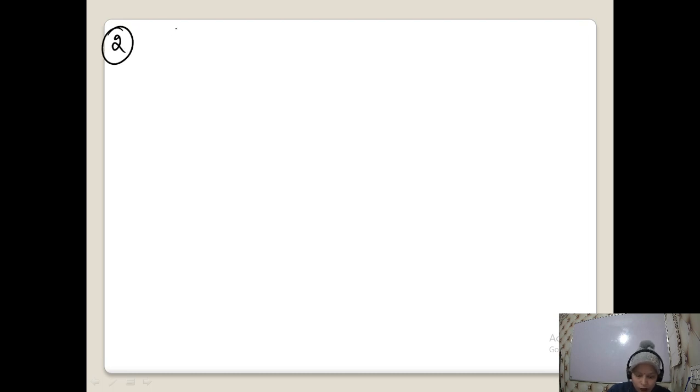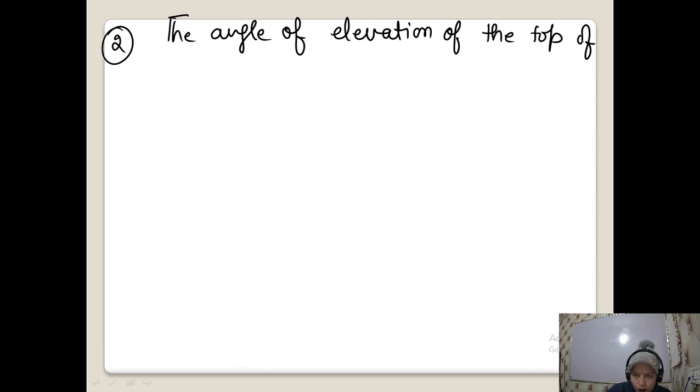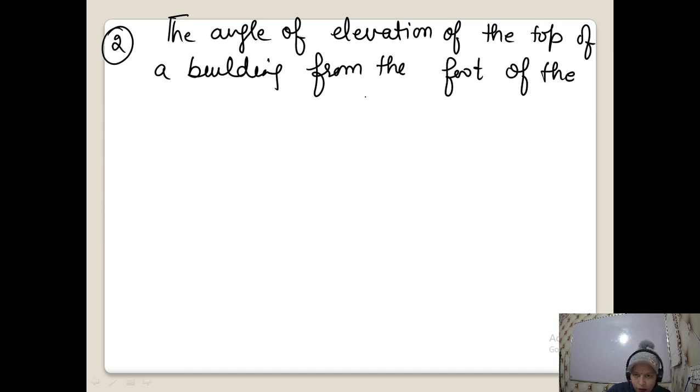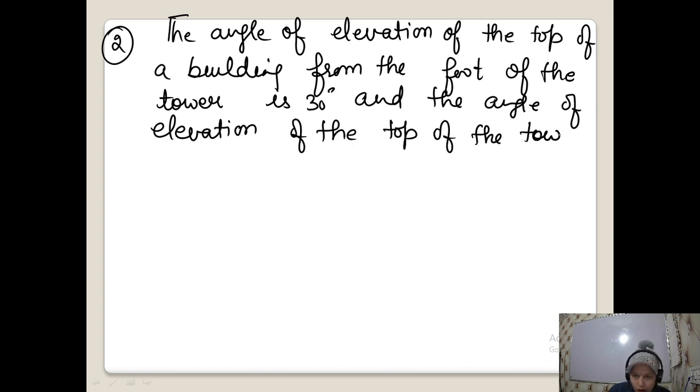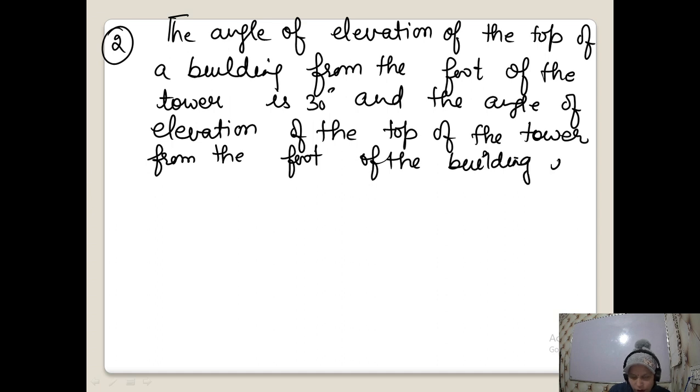And the second question you have to solve: the angle of elevation of the top of a building from the foot of the tower is 30 degree, and the angle of elevation of the top of the tower from the foot of the building is 45 degree.